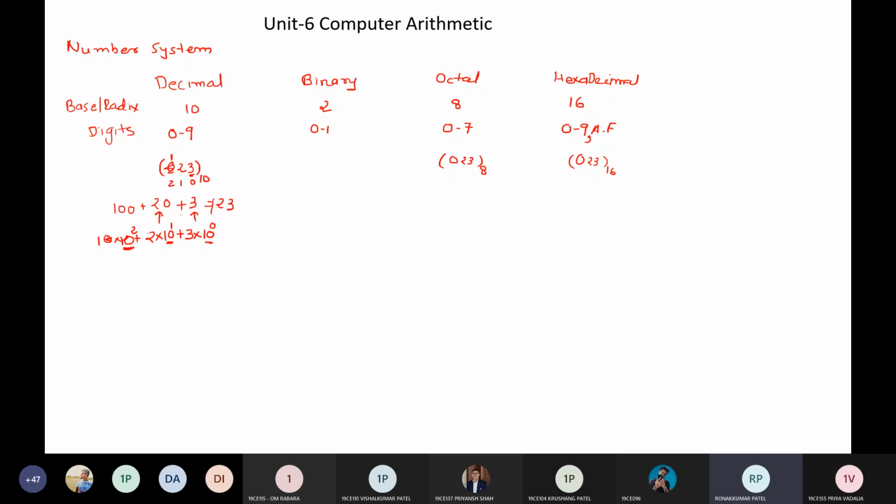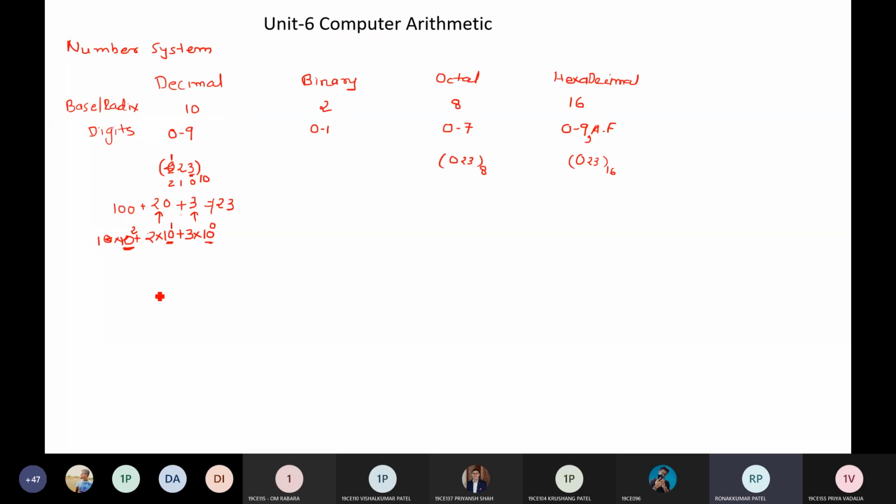Okay, any doubt in this? No, sir. Okay, now let's move further. Let's convert decimal value into binary, then octal and hexadecimal, right?